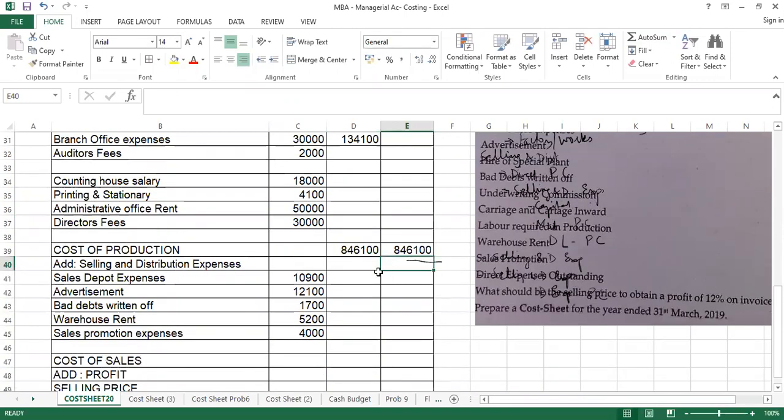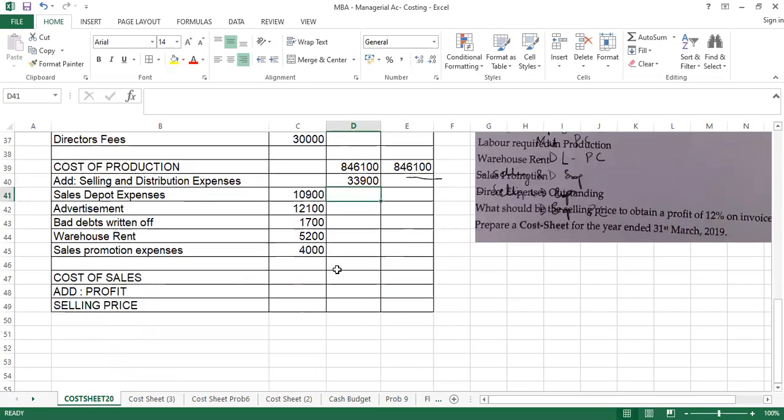In this, we'll add the selling and distribution expenses. If you total this up, this amount would be 33,900. If you add this 33,900, you will get the cost of sales. So the total cost of sales will be 8,80,000.